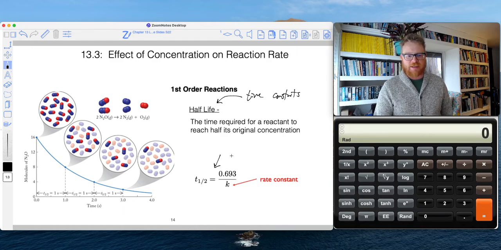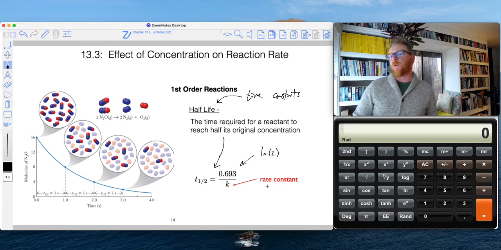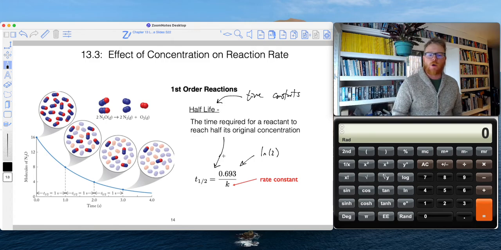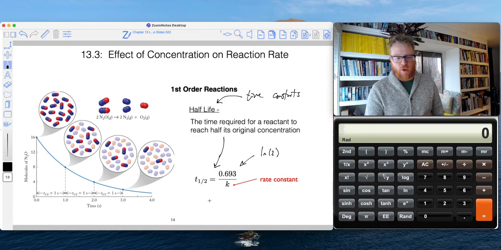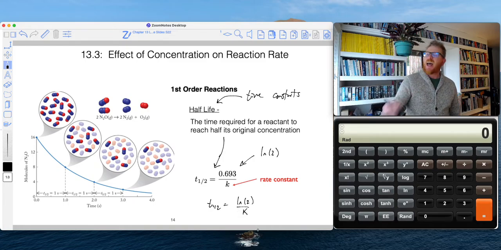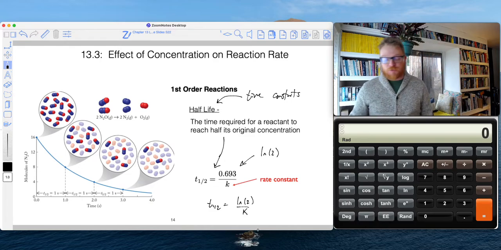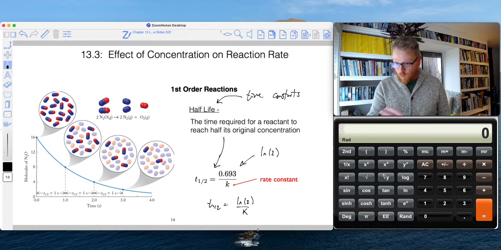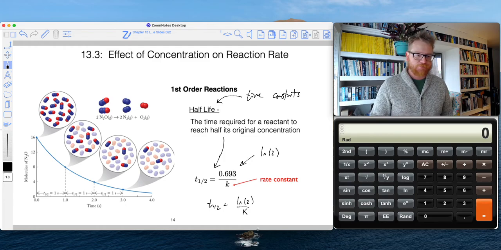Why 0.693? Well, because 0.693 is the natural log of 2. That's where that comes from. So if we wanted to be even more precise with this equation, we could say t1/2 equals the natural log of 2 divided by k. And I'm not going to really talk about where that equation comes from, but if you want to see where this comes from, I'd be happy to show you.